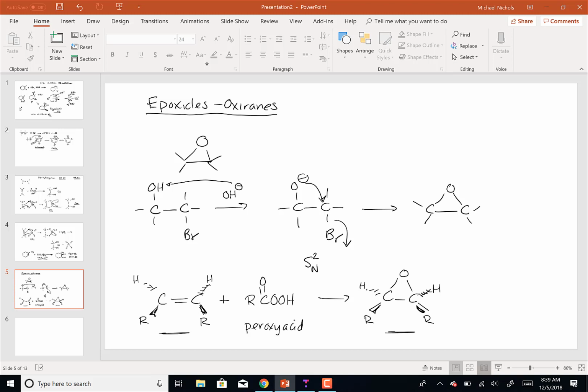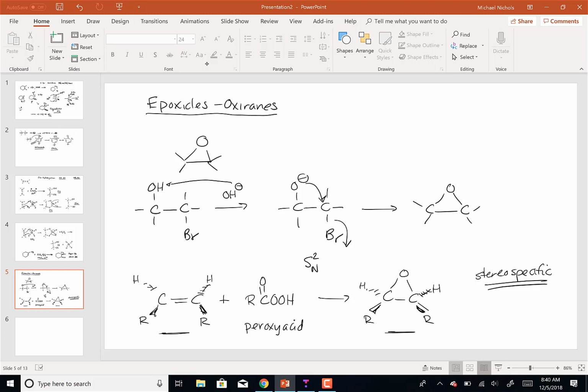And so in this reaction, you could ask, is that stereoselective? Is it regioselective? It's neither one of those. We can now use our new term, which is called stereospecific, which the book introduced a couple of weeks ago.